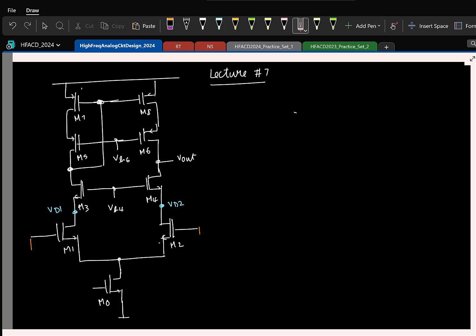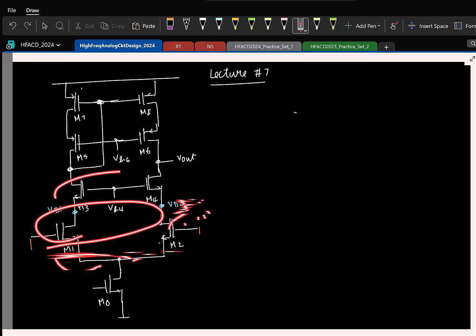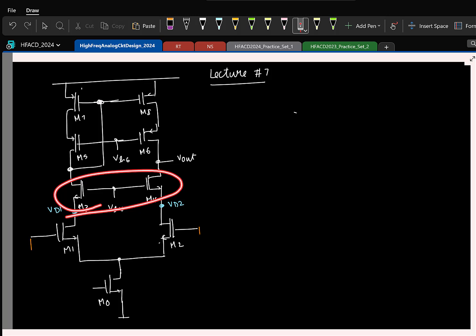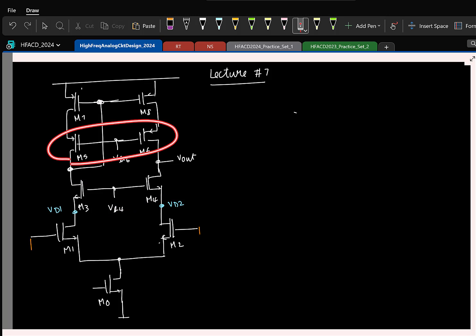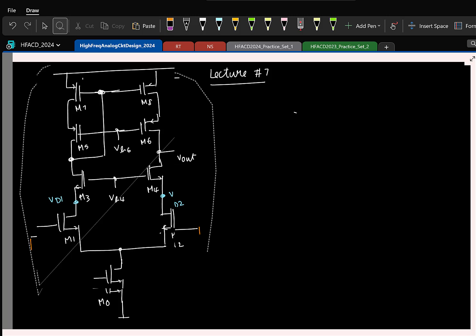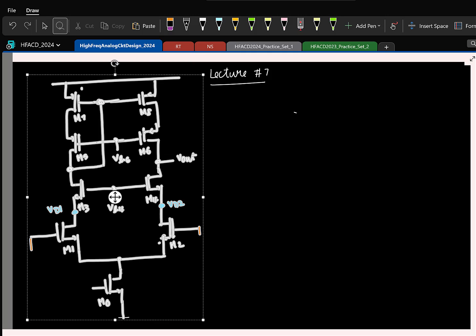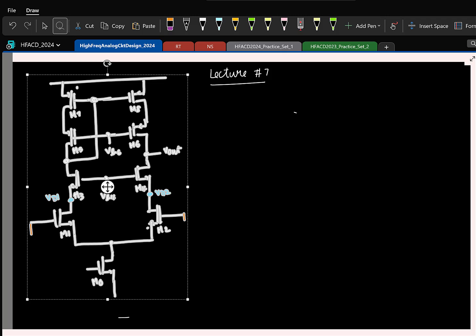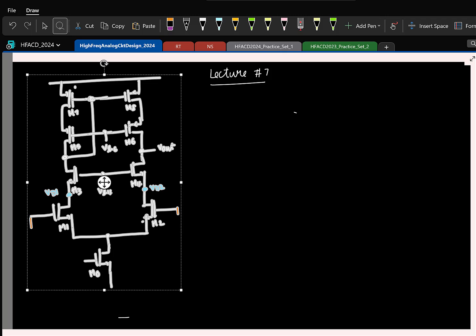The only difference is that we have a cascode in the NMOS side as well as a cascode in the PMOS side to boost the output resistance, right?